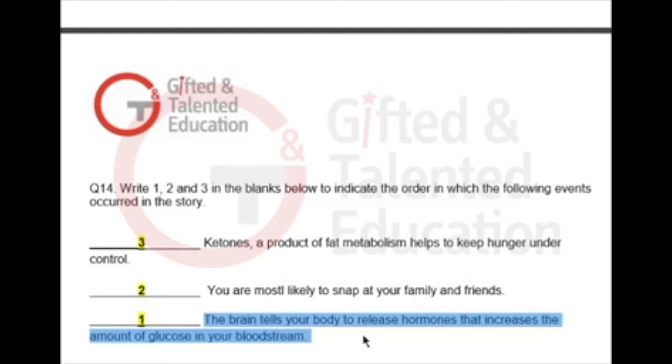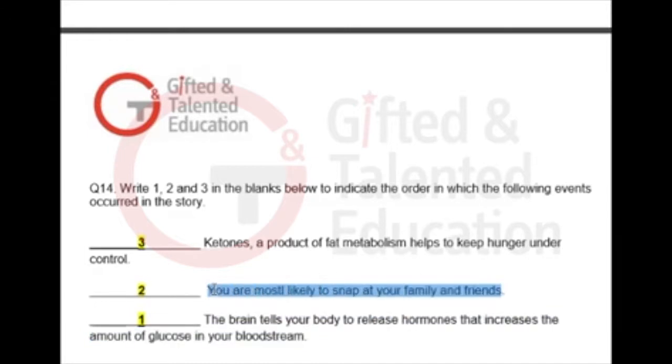And remember, because of neuropeptide Y, this gene also controls anger, which means when you're hungry, you're most likely to snap at your family and friends. And let's say if you still don't get your glucose fix.